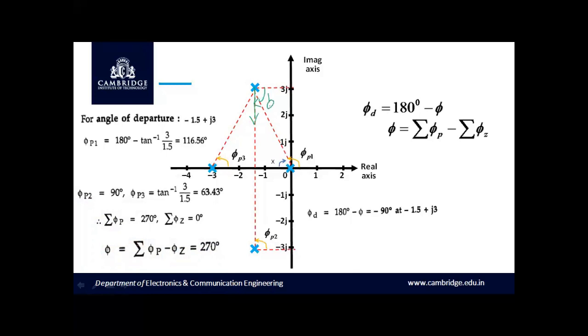So this gives you the angle of departure for the complex pole at minus 1.5 plus 3j, minus 90 degree. Similarly, for the other pole at minus 1.5 minus 3j, as the root locus is always symmetric with respect to the real axis, on the other side we get an angle of plus 90 degree at minus 1.5 minus 3j.